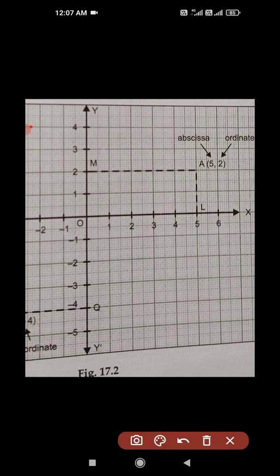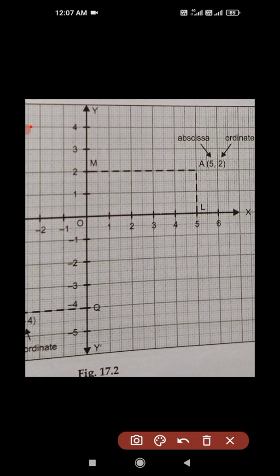You can see here the point A (5, 2) on the graph paper. This is given in the textbook page 249. To locate this on the graph paper, first of all, you see that x is 5 here and y is 2.